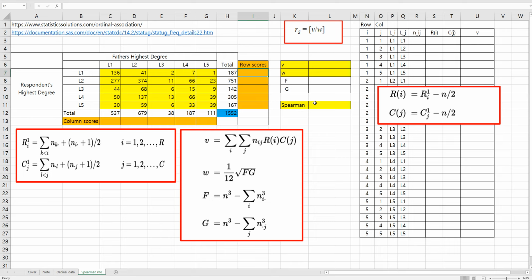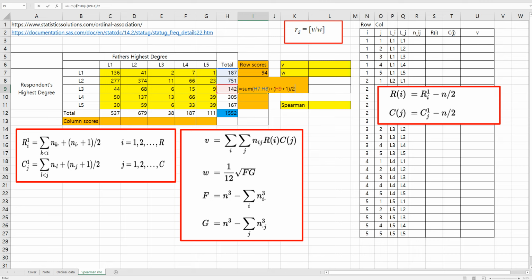Let's calculate row scores by using this formula. So row scores, 0, this part, plus first marginal row sum, plus 1 divided by 2, and second row scores, this one, plus second row marginal sum, plus 1 divided by 2, and sum of first two marginal rows, plus third marginal row sum, plus 1 divided by 2.